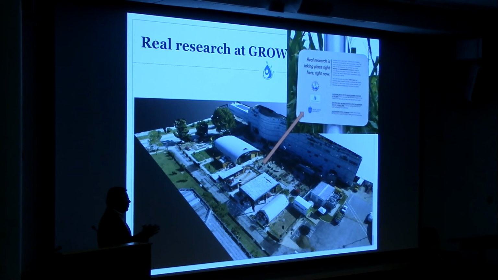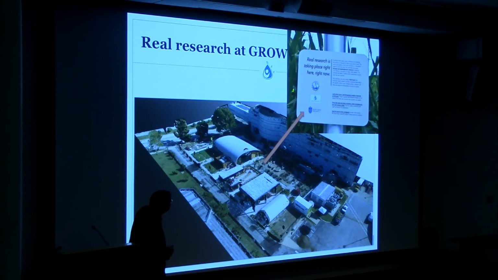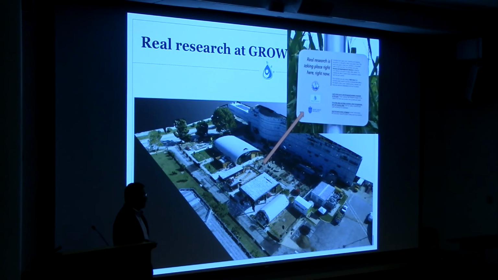So a drone is not a bad thing. Toys are not a bad thing. iPads can be used to actually monitor your crops. That's the message we want to send out to kids, right? And this is real basic research taking place right here, right now. So that's the outreach and activity we have done.